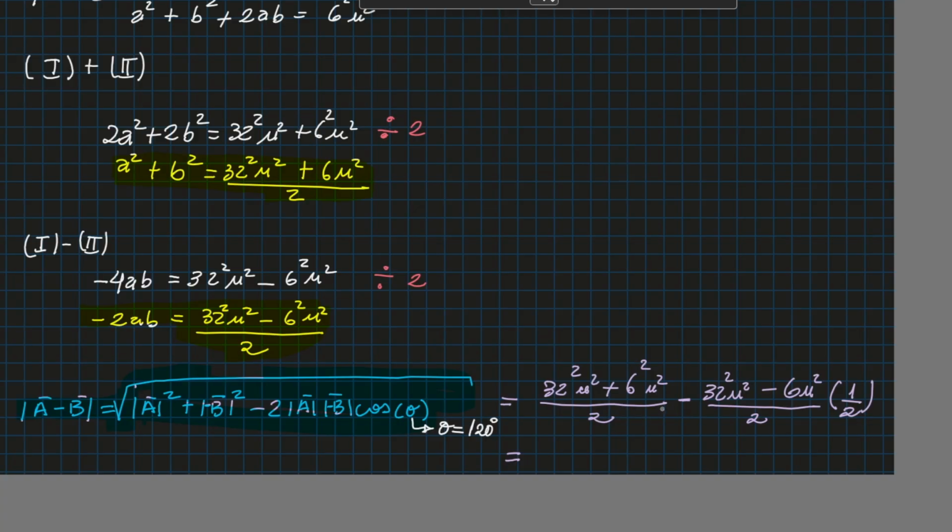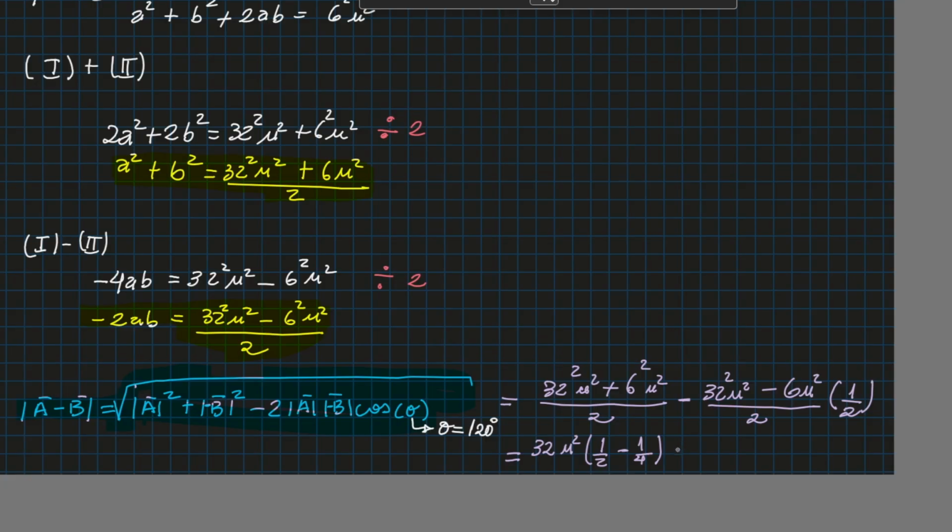For example, here we have 1/2 is 1/4, 1/4 times minus 32 units and 1/2, it is equal to 1/2 minus 1/4.